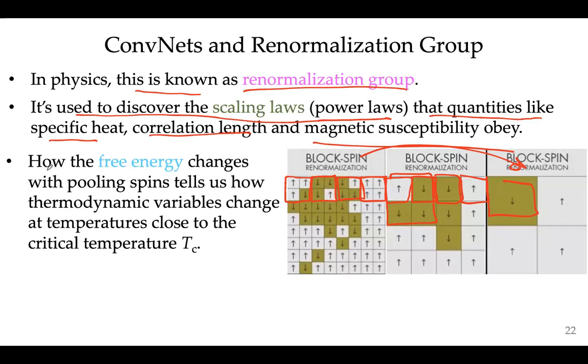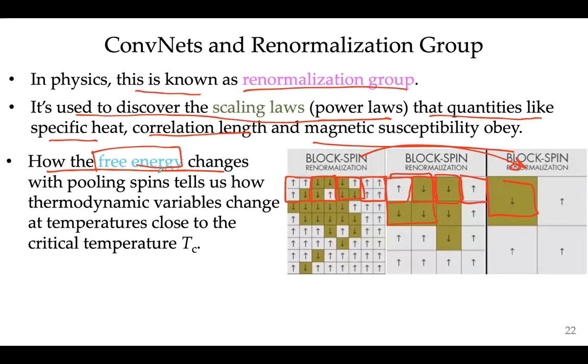So the question here is how the free energy changes. Now we don't ask how free energy changes with temperature, but how free energy changes as I do this pooling, averaging, or use the majority rule. Remember, free energy is our objective function in statistical mechanics that we want to minimize.